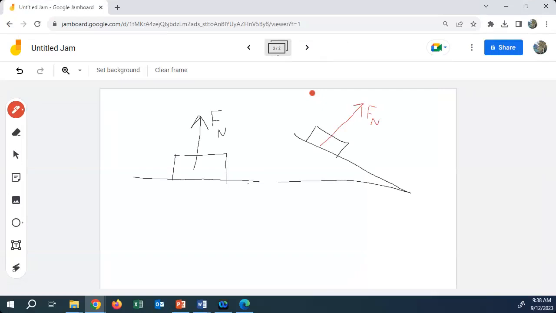Again, normal force is the force which is exerted on the object by the surface that the object is on. And this force is always perpendicular. We call it support force or normal force. Perpendicular. And what other forces do we have? Gravity. Perfect. It should be exactly toward the ground.